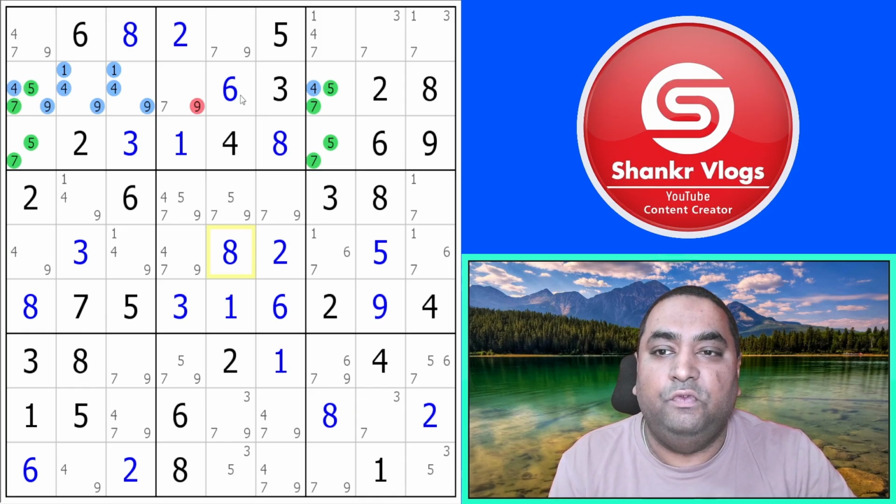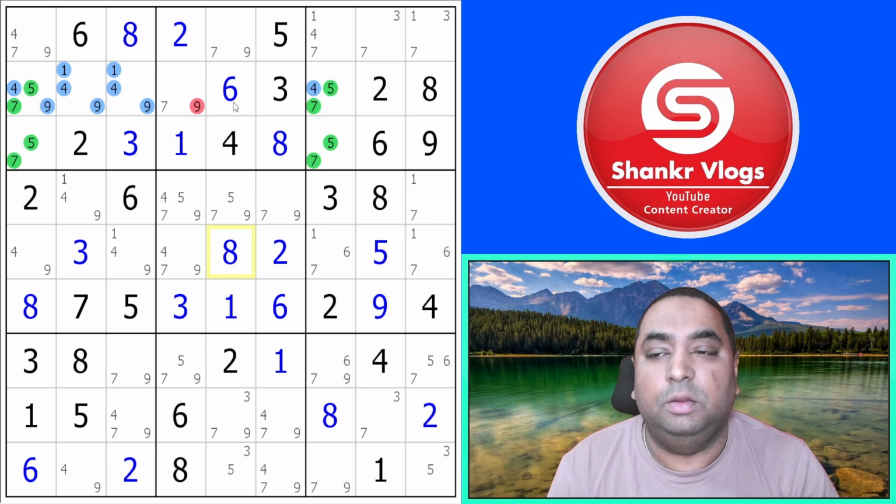After forming 4 and 9 as a single unit, we have to identify whether it is forming a naked pair, naked triple or naked quad. Here it is forming a naked triple. See here 1, 4, 9, 1, 4, 9, again 4, 9. So these 3 cells form a naked triple.